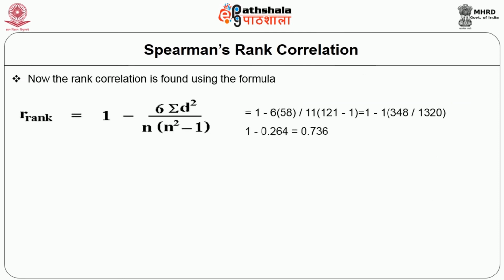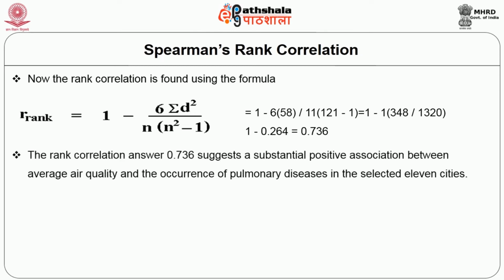Now, the rank correlation is found using the formula 1 minus 6 sigma d squared divided by n into n squared minus 1. From this calculation, the rank correlation of 0.736 suggests a substantial positive association between average air quality and the occurrence of pulmonary diseases in the selected cities.